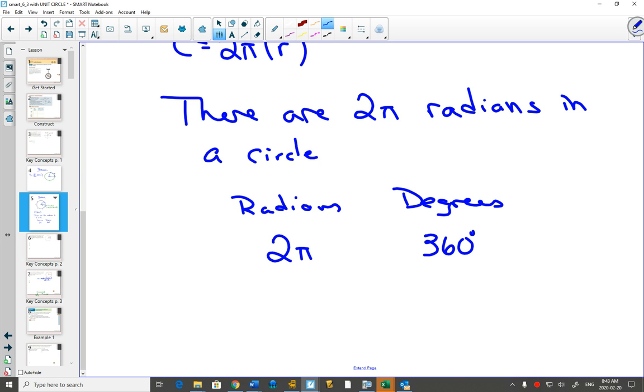If you did half a circle, how many degrees would it be? 180. If you did half a circle, how many radians would it be? If you're 2 pi in the whole one, in radians, it would be pi.